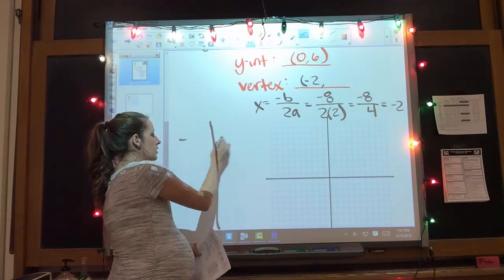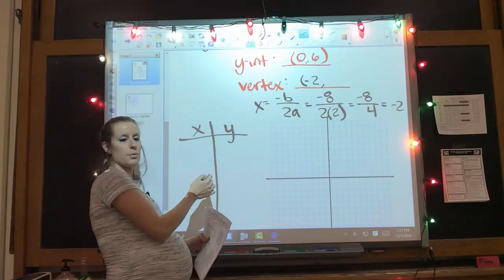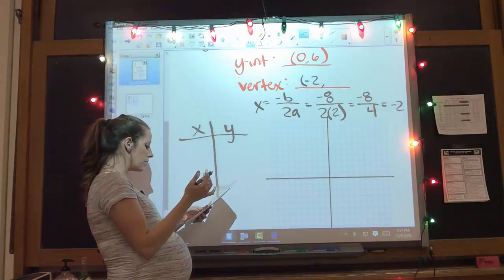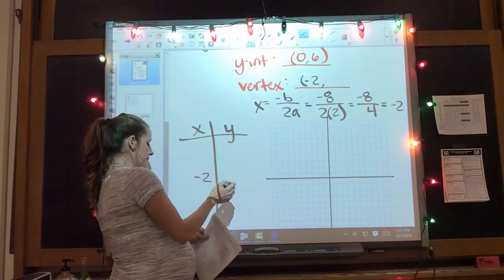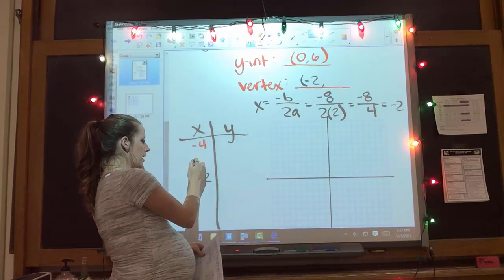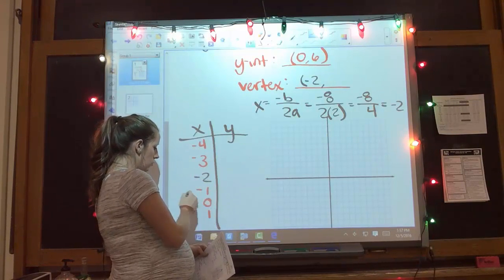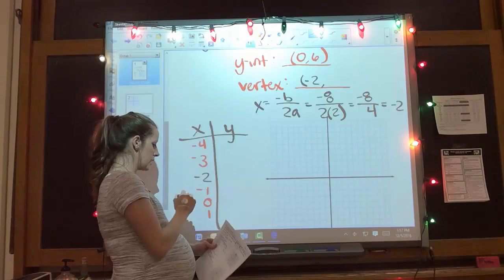Okay, and I'm going to fill in my table. Like we've done before, we want that negative 2 to be somewhere in the middle. So I did negative 4, negative 3, negative 2, negative 1, 0, 1, and that's it.